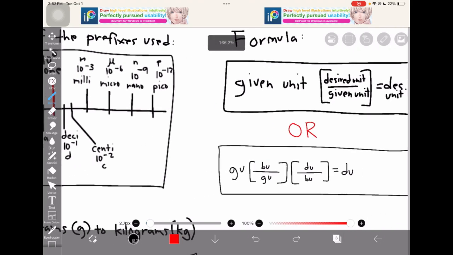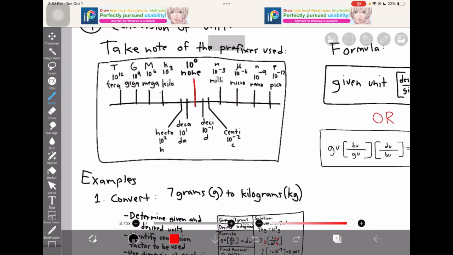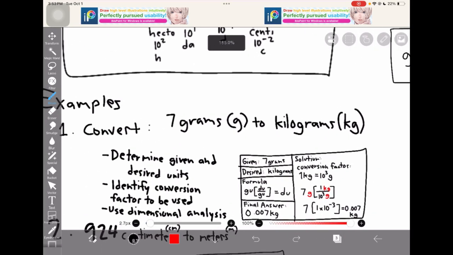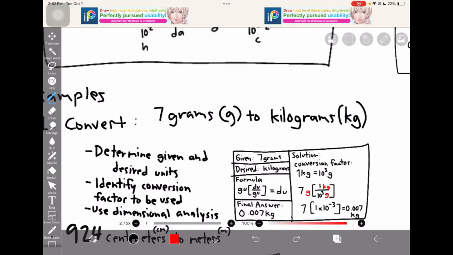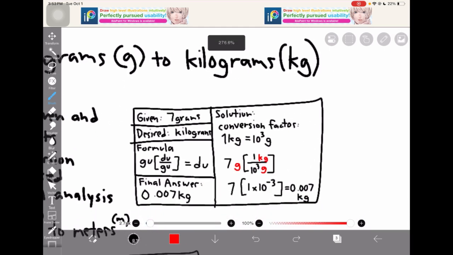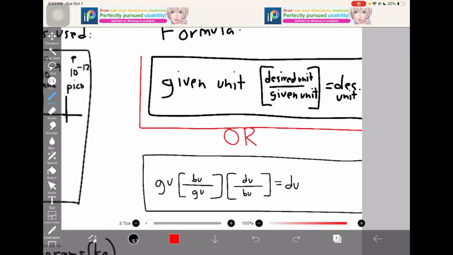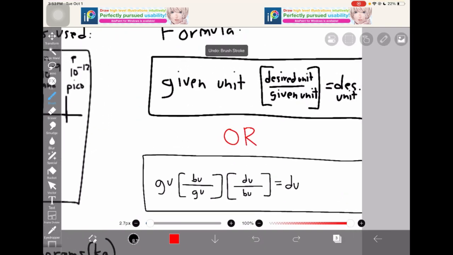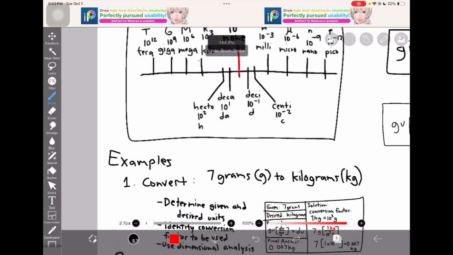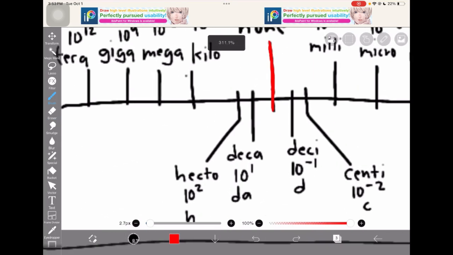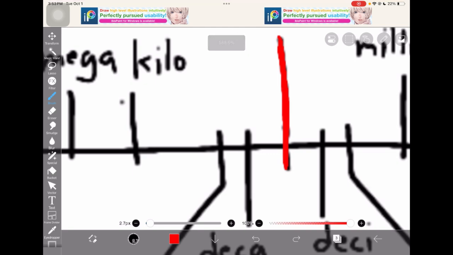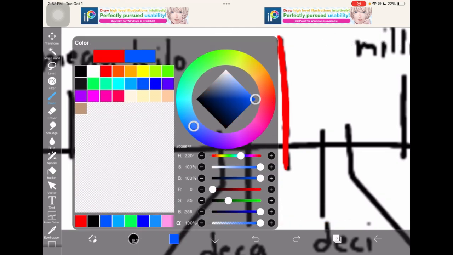So let's apply our formulas here. First, convert 7 grams into kilograms. Based on this, we're going to be using this formula for the first 2 problems. To check, we need to convert grams to kilograms, so from grams to kilograms, let's follow this blue line.